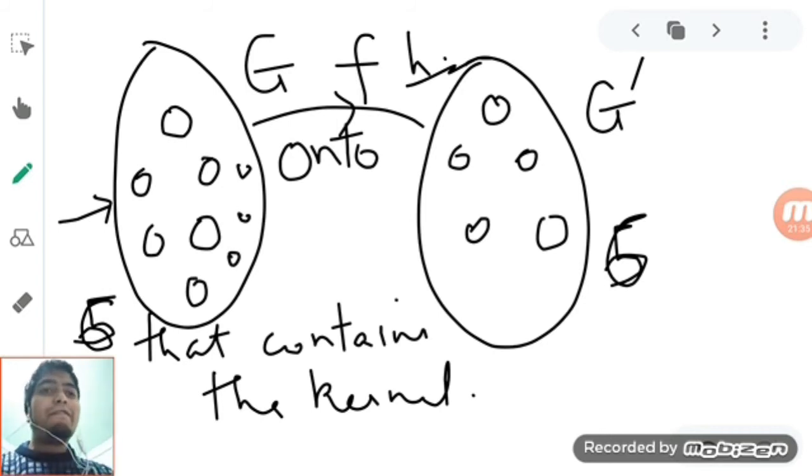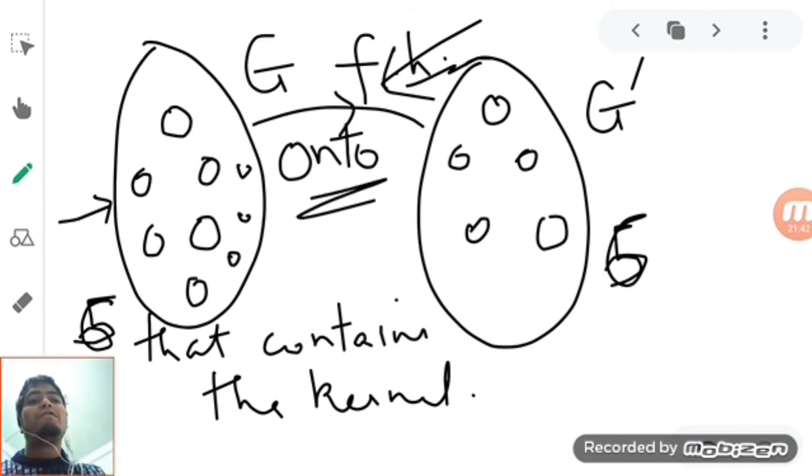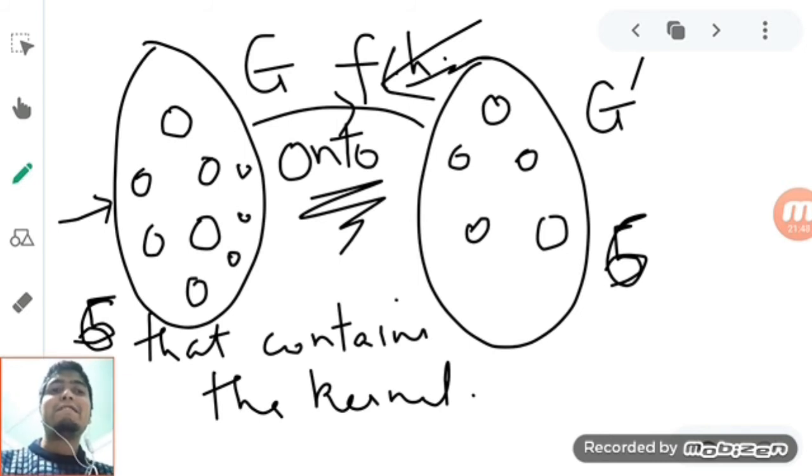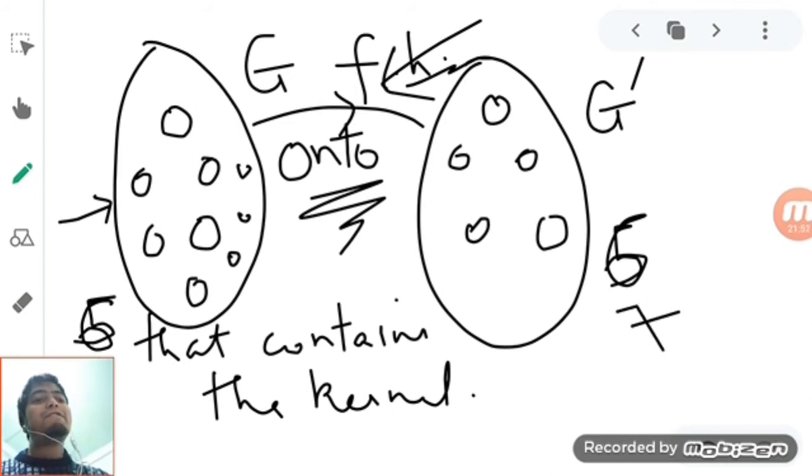This is actually very wonderful because this happens only if you have a homomorphism that is onto. It doesn't work otherwise. It only works if you can define an onto homomorphism from G to G dash. Similarly, if you have 7 subgroups of G dash, you will have 7 subgroups of G that contain the kernel.